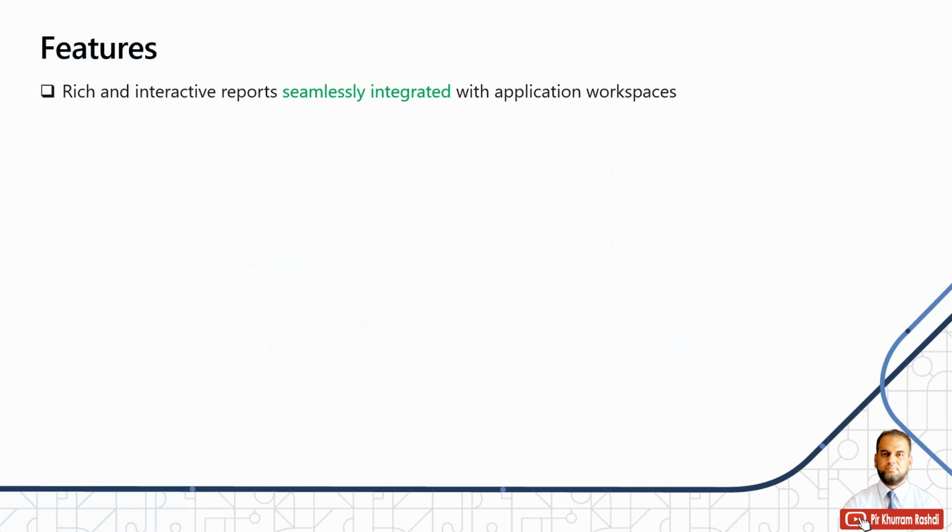interface as F&O. By saying rich and interactive: previously, in AX 2009 and 2012, we were using SSRS. In AX 2012 we only had the option of SSRS, so those reports were not interactive.